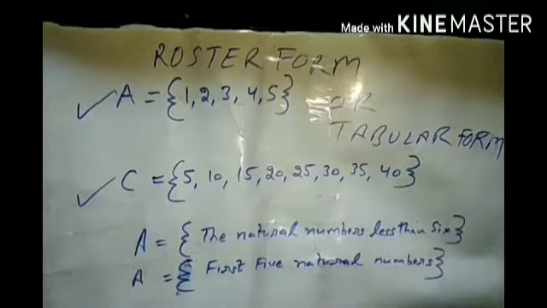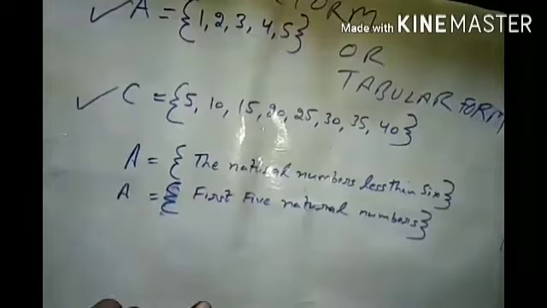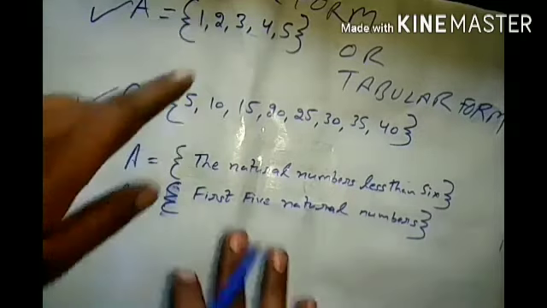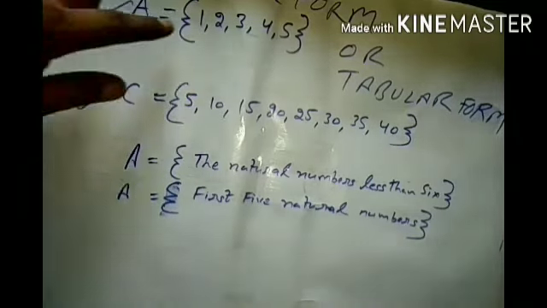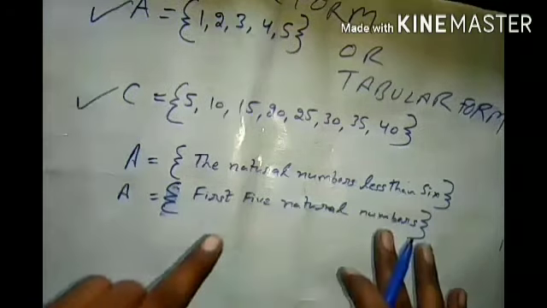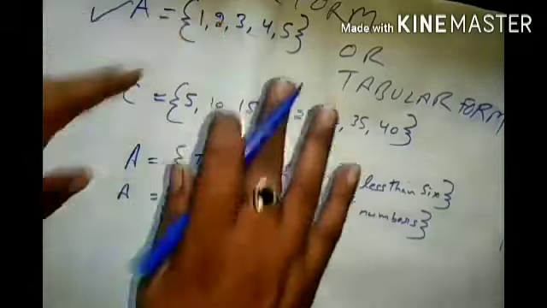Now you will see what I am doing here. I am just giving the description of the set that is given in the roster form, and that description is stating the common property of all the elements.